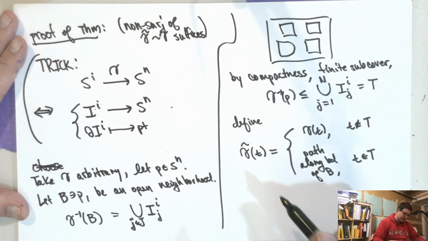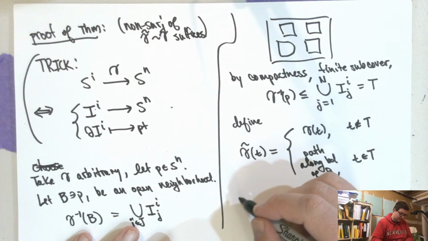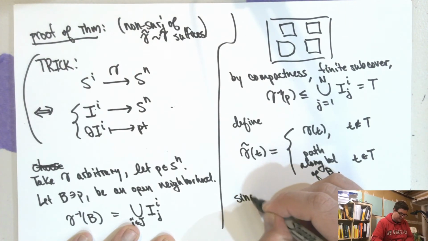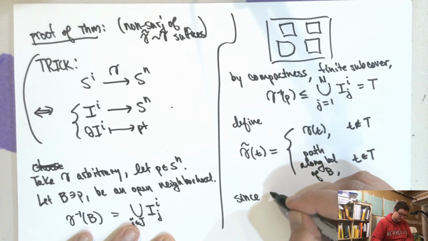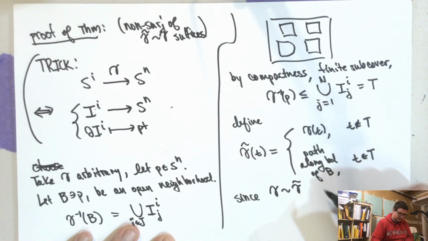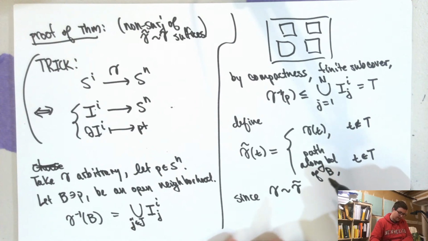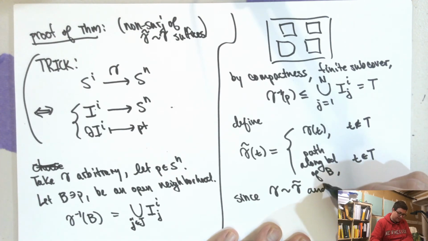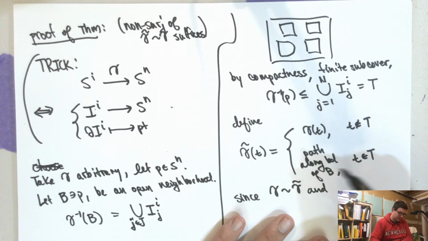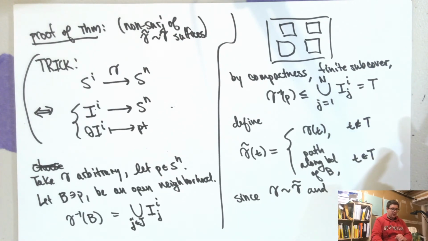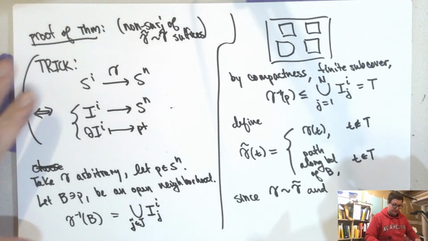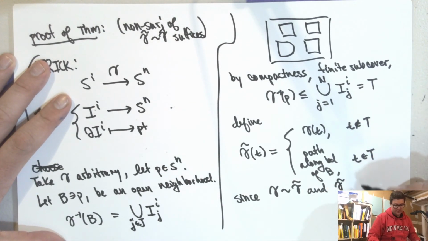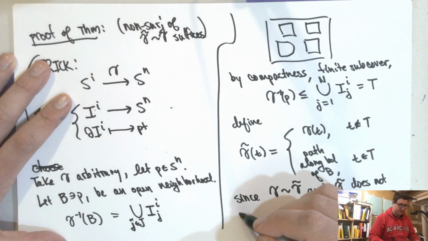And since this is homotopic to this, this gamma tilde does not map to p.